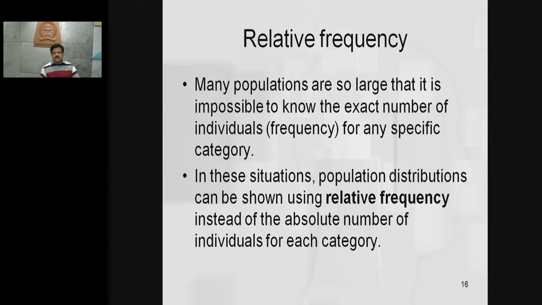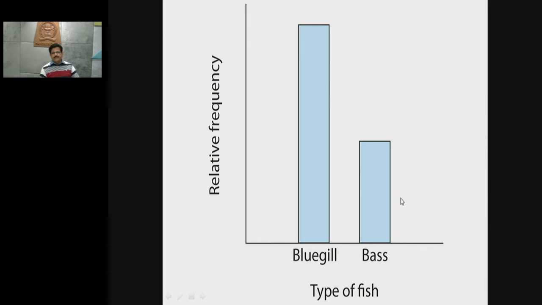In these situations, population distributions can be shown using relative frequency instead of the absolute number of individuals for each category.